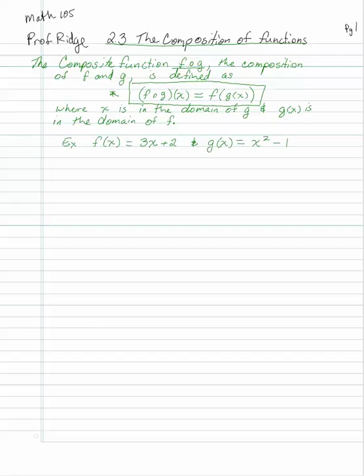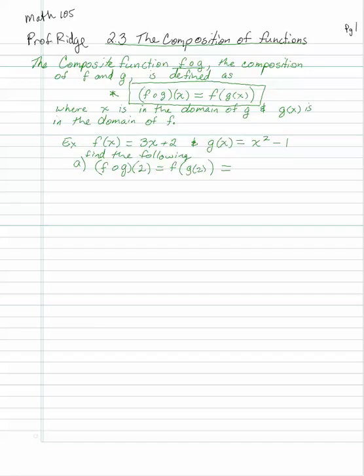Okay, let's look at some examples. If I define f of x to be 3x plus 2, and g of x equals x squared minus 1, find the following. So f composed with g. Now we can do it with a single x coordinate, say like 2. By definition from above, we're going to write f of g of 2.